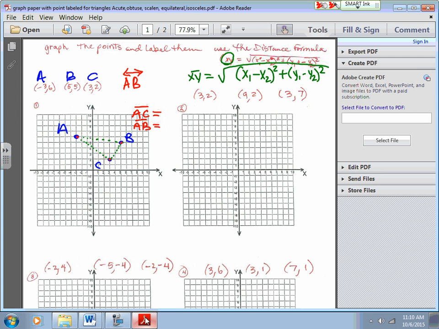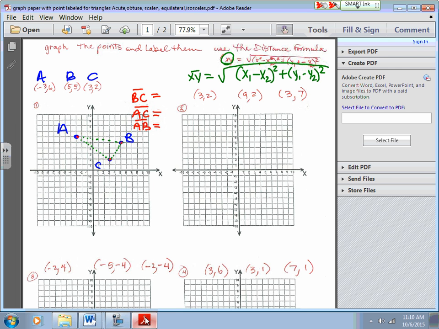I'm not doing that. That's just something I want you guys to start paying attention to in the way I'm writing the lettering. The other thing you have to notice is I'm using capital letters for points. Whenever we're doing points on the X and Y axis, we're going to use capital letters. Okay? So we're going to find out what the length is of AC, AB, and the one that's missing, BC. We're going to find all three of those side lengths.